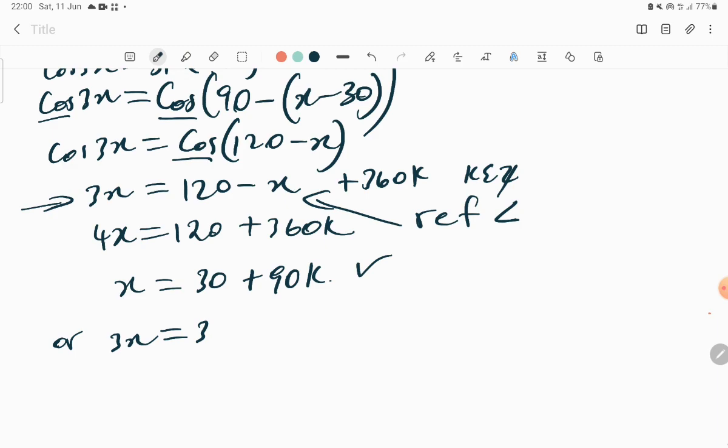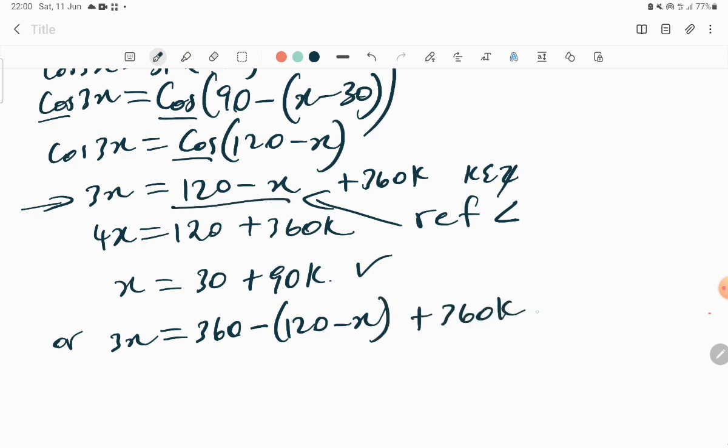Where else is cos positive? At the fourth quadrant. What is the reduction formula of it? It's 360 minus a reference angle. So 360 minus the bracket 120 minus x. Then you are subtracting this thing now. Then let's not forget to say plus 360k as well.